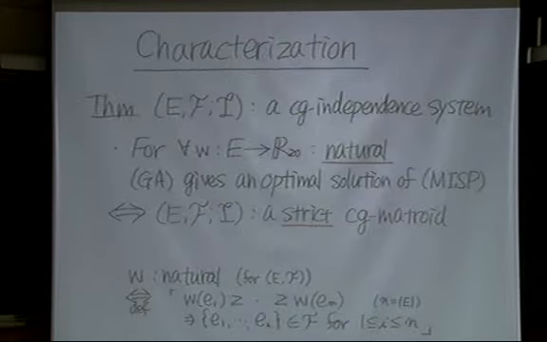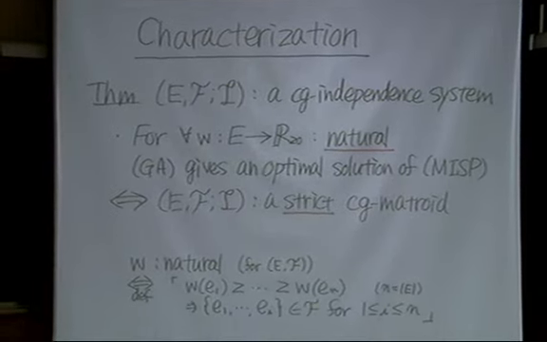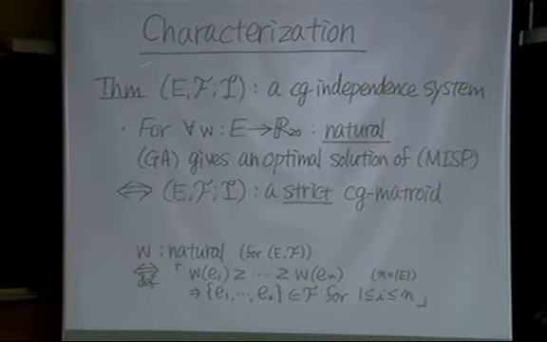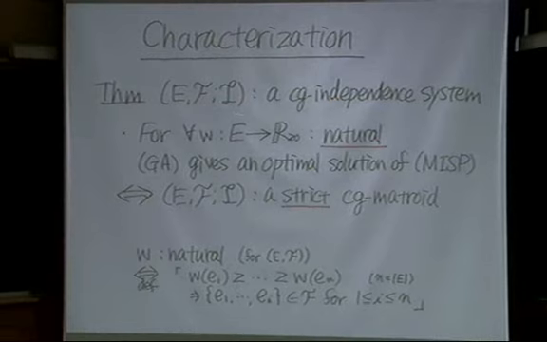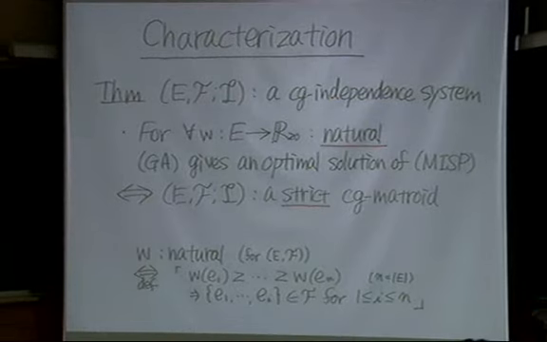So what is the characterization? The characterization is the following. Let (E, I) be a CG independent system. Then for any weight with the condition natural, the greedy algorithm always gives an optimal solution of the problem if and only if the CG independent system is a strict CG matroid.